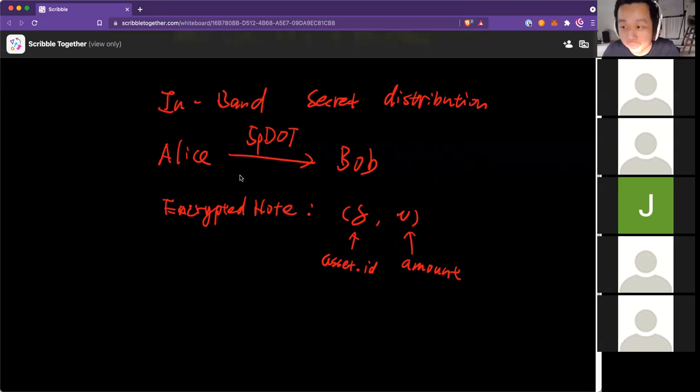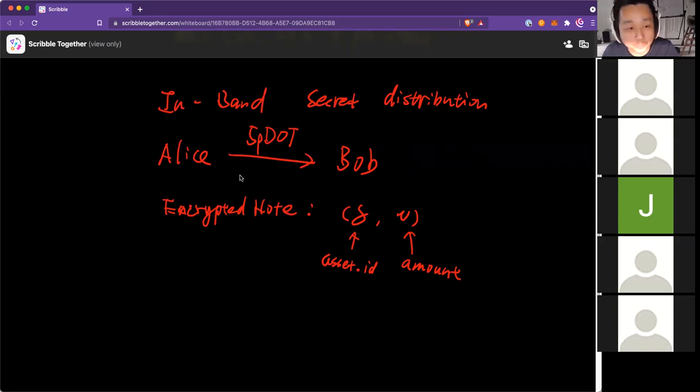Then someone is sending some token to you, and you get the necessary information, which is the asset ID and amount here, to receive the token. That's the usage of ECIES in Manta's protocol.